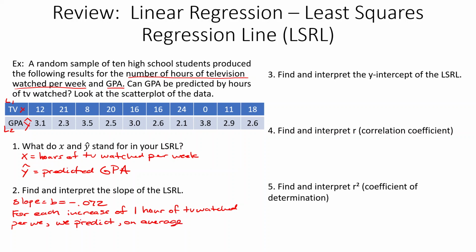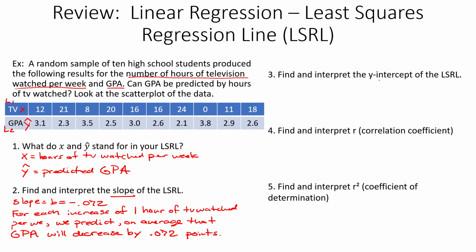We can put it at the very beginning, we can put it in the middle, we can put it at the end, but it needs to be there somewhere. We predict on average that GPA, and it's negative, so will decrease by 0.072, and the units here are just points, grade point average, so points. And there we go. And there's our interpretation for the slope.